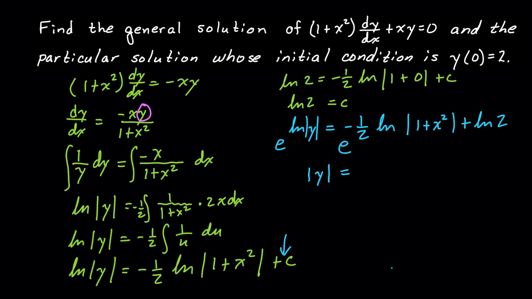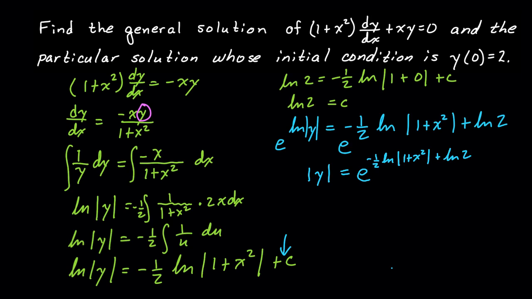So what we end up with then is going to be the absolute value of y equals e raised to the negative 1/2 natural log 1 plus x squared plus natural log of 2. Now, how do we get rid of the absolute value bars? Well, whenever you have an absolute value, that means that can equal either a positive or a negative value.